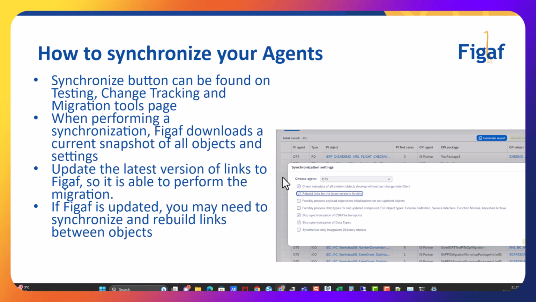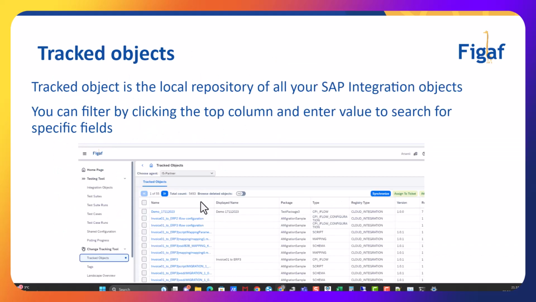And sometimes when we have created patches, you may need to select check all metadata, rebuild link forcefully. This would force the tool to reread the object and understand if there is something in the metadata or the way we are handling this that has been changed. We have here the tracked objects page, which shows you the different objects that you have.